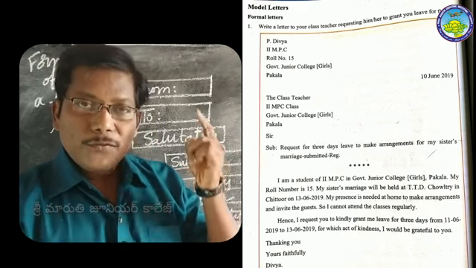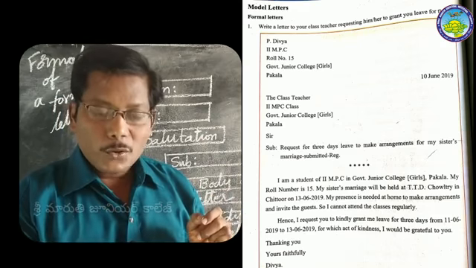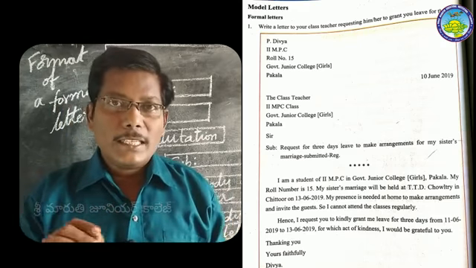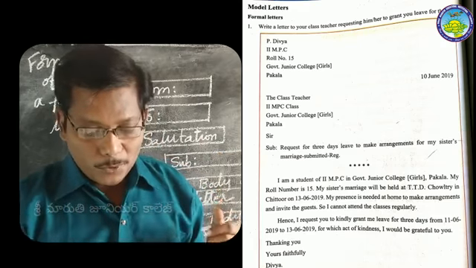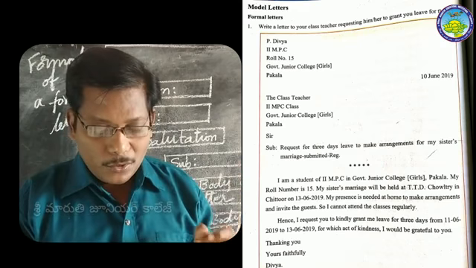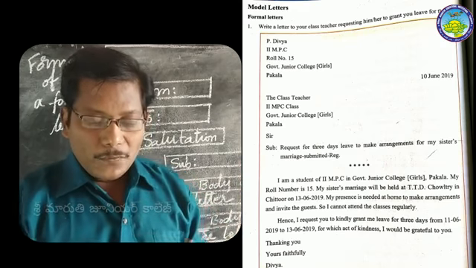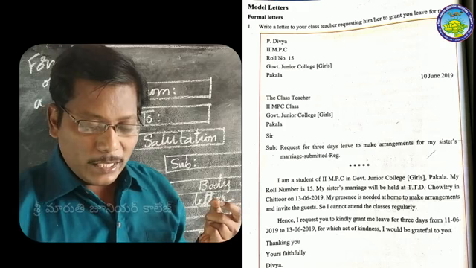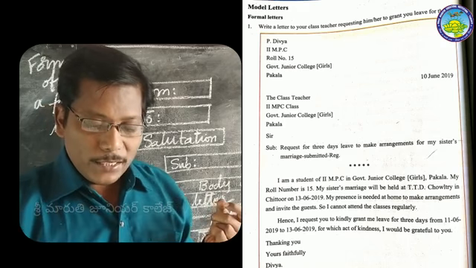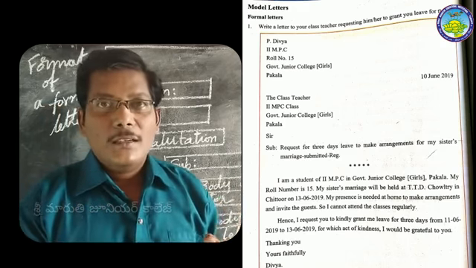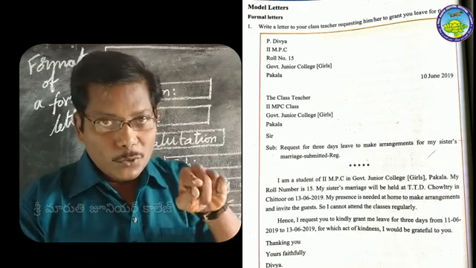Here in the textbook those are not given, but while writing you can write from and to, no problem. To the class teacher, 2nd MPC, Government Junior College, Girls, Pakala. Below these two you can find the salutation, simply sir. After writing sir, you put a comma.